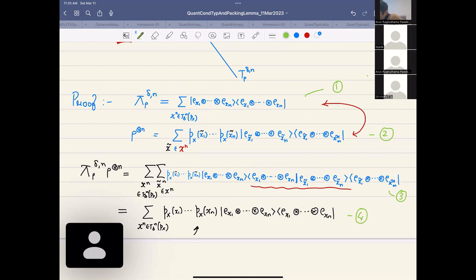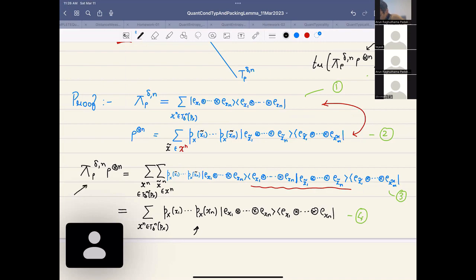2 is also by definition, because my spectral decomposition of rho is this, P_X(x) times |e_x><e_x|. So by spectral decomposition, that is rho, and rho tensor n is this, right? What should I compute? I should compute the trace of pi rho delta n times rho tensor n. So first I look at the product operator.